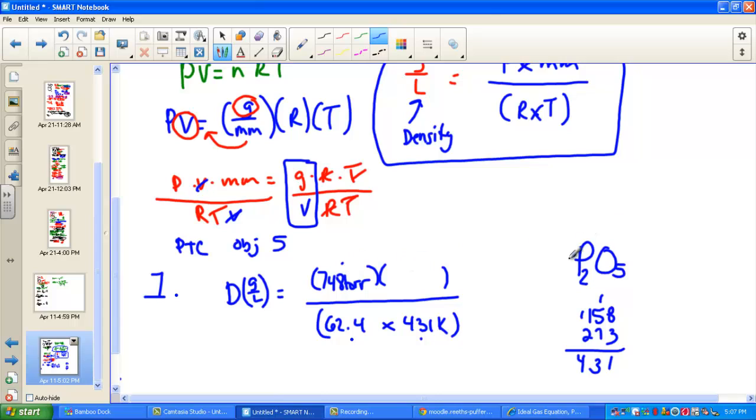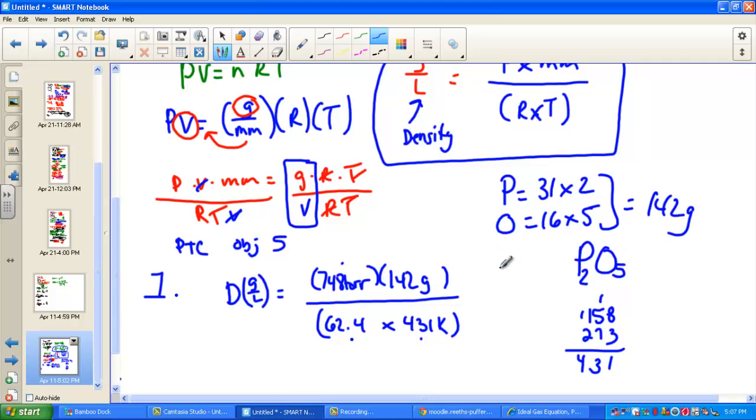What I have to do is a simple calculation: find the formula weight of P2O5. Phosphorus weighs 31, but there are 2 of them. Oxygen weighs 16, but there are 5 of them. Let's sum the formula weight of P2O5: 31 times 2 added to 16 times 5. The molar mass is 142 grams.